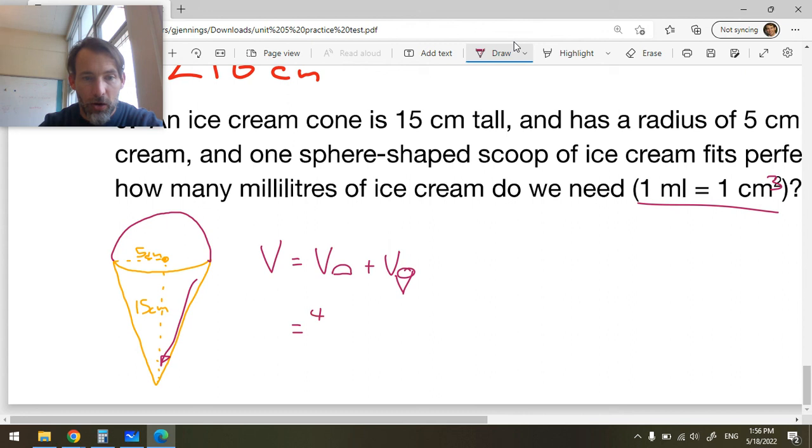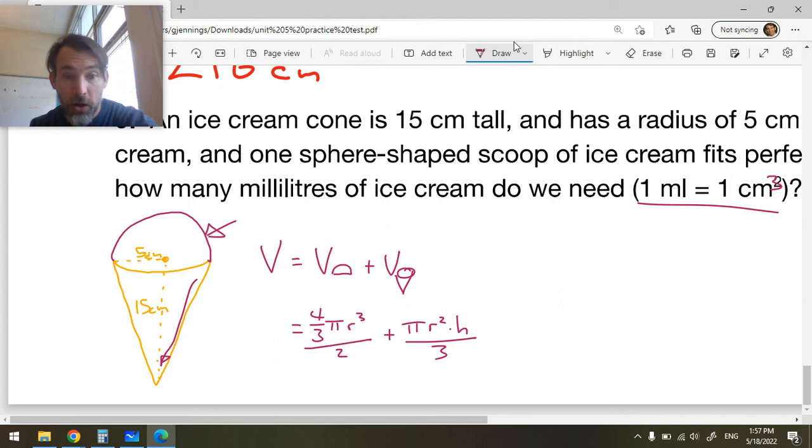This would be 4 over 3 pi times the radius cubed, but divided by 2, because I only have half of the sphere sticking up, plus the volume of the cone, which is pi times the radius squared times the height, all divided by 3.